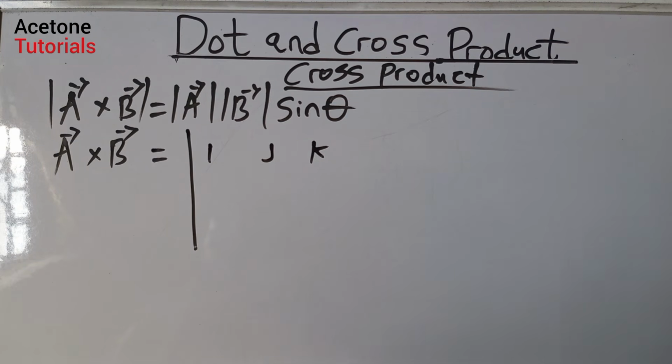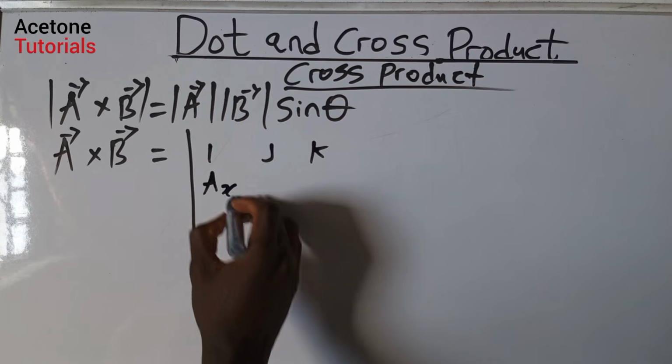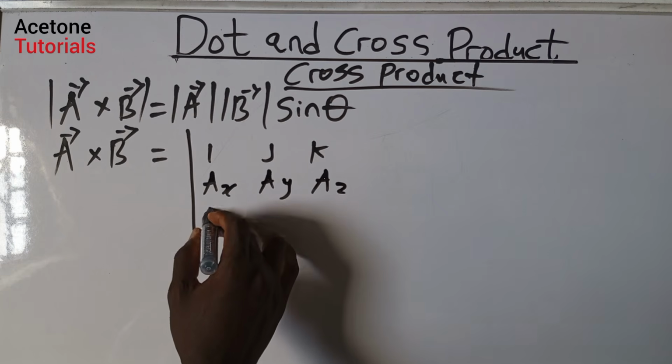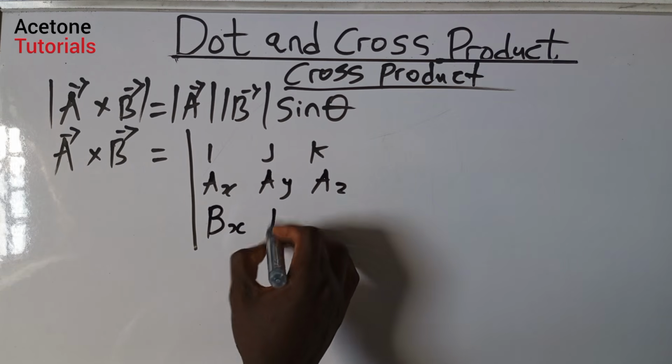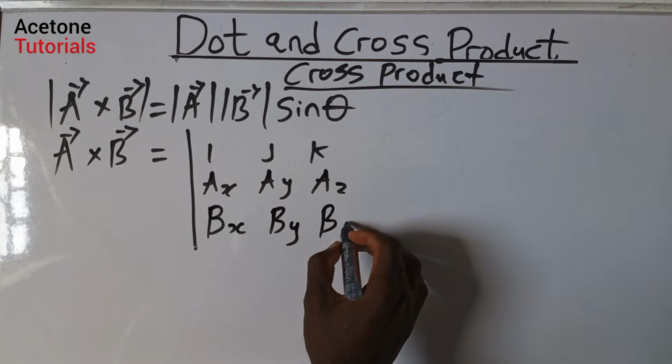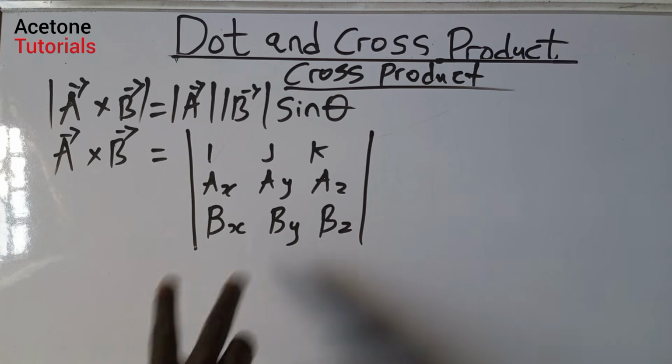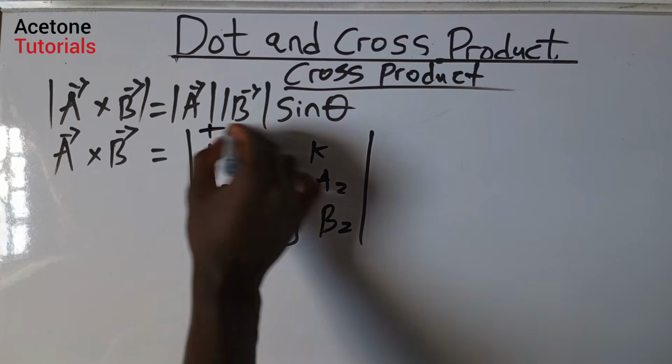If the components of vector A are AX, AY, and AZ, and the components of vector B are BX, BY, BZ, the product vector is equal to the determinant of the matrix formed by these two vectors. So plus, minus, plus.